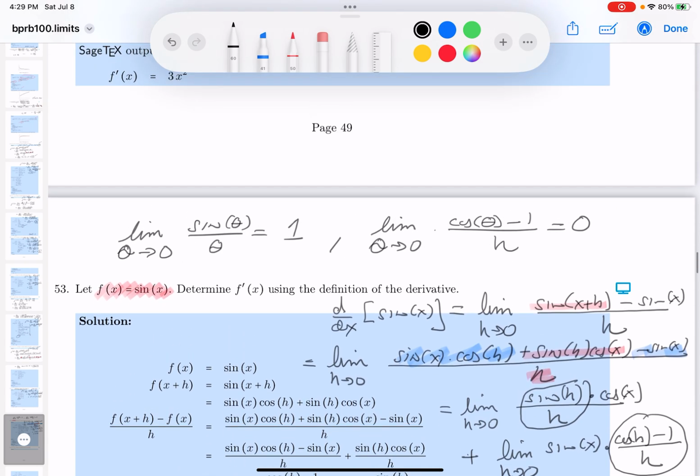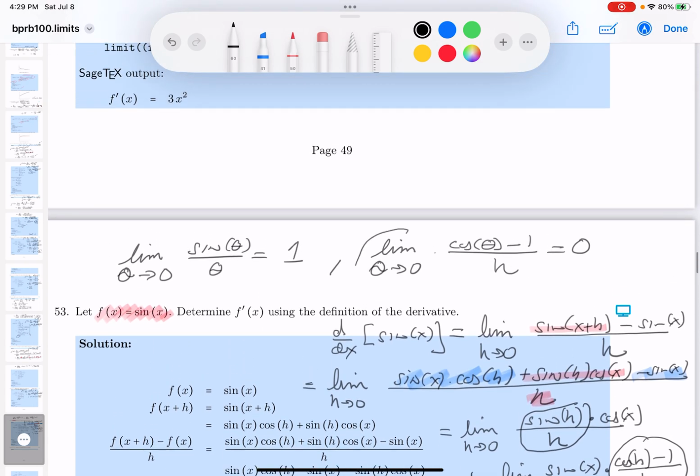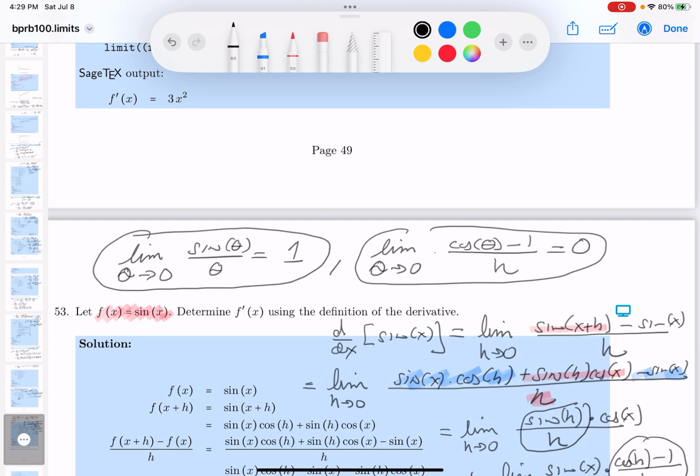All right, I want to briefly go through this one over here. Most teachers at the calculus 1 level do this by the squeeze theorem. They do it geometrically. Let me just go over here, and I'll write this one down for you. Limit, and I can write down theta goes to 0, cosine h minus 1 over h.